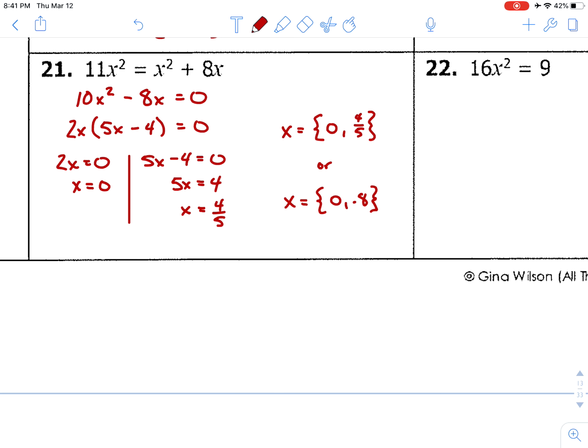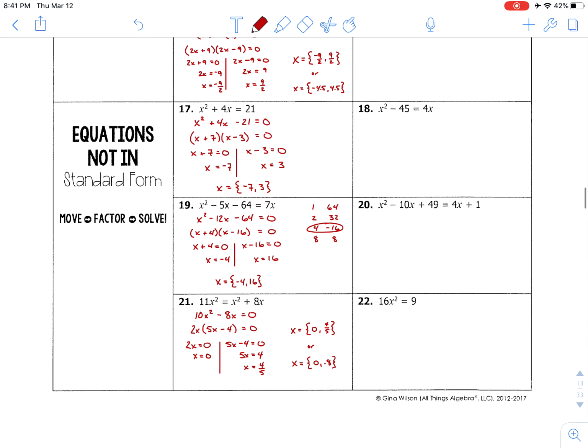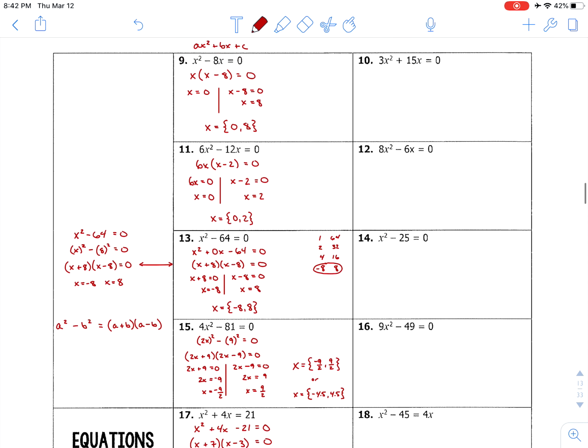Ideally, the fraction's probably better. It's more exact here. It's still a precise decimal, but we want to get in and stay in the habit of leaving things in fractions whenever possible.